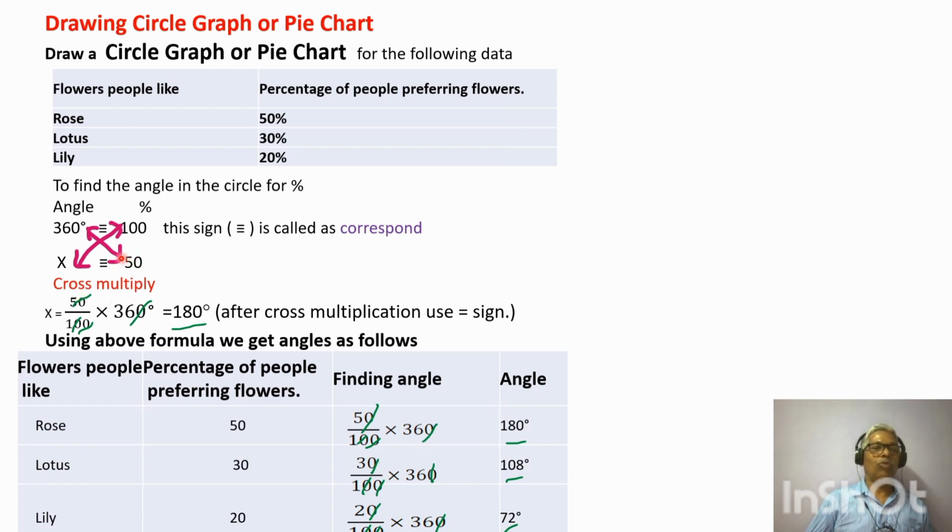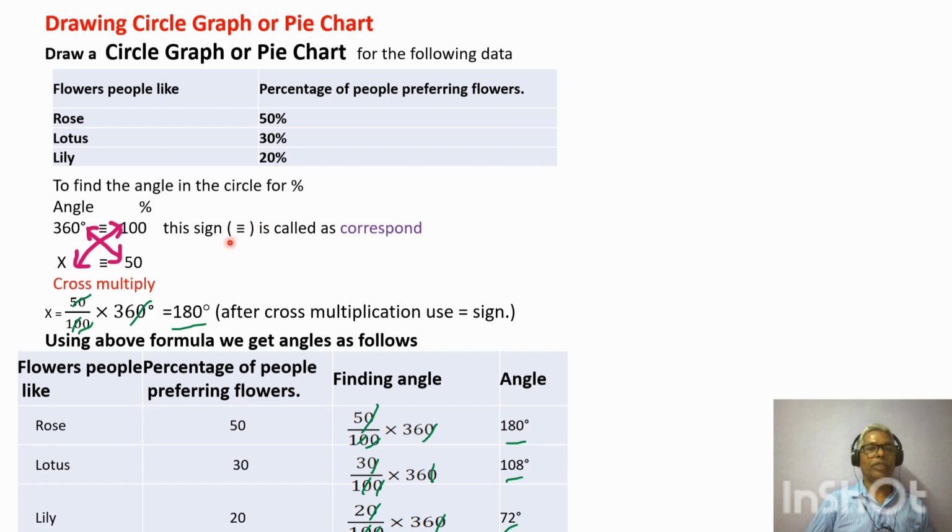Then cross multiply. So 100 will come down, and 360 will remain there itself, and x equals 50 upon 100 into 360. The zeros cancel, and it comes out to be 180. After cross multiplication, use the equal to sign.